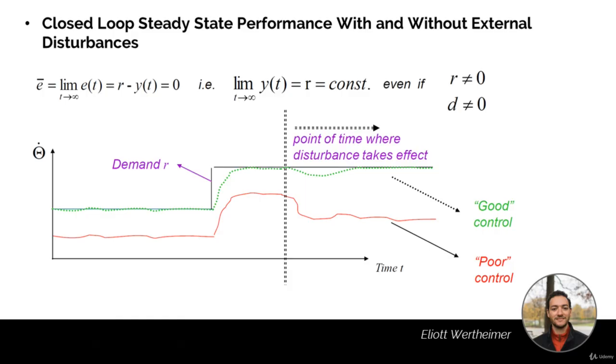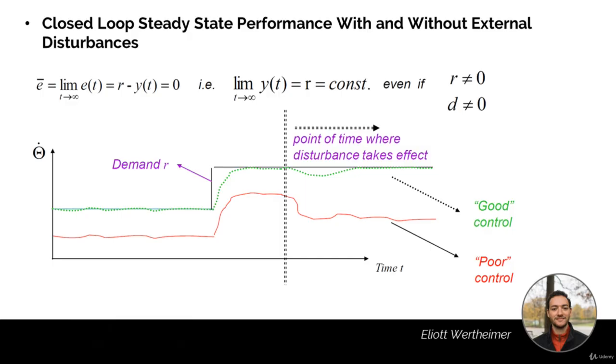At some point though, there is also a disturbance that takes effect. As we said earlier, a disturbance can be a gust of wind, it can be someone else getting in the car, adding 100 kilograms of weight to the expected weight of the car, stuff like this.